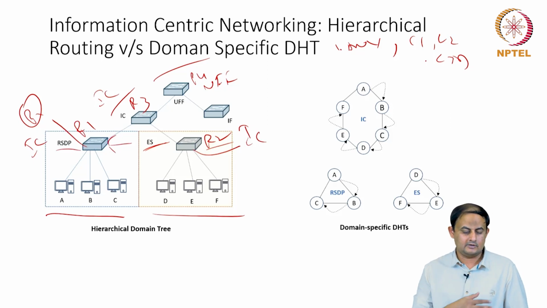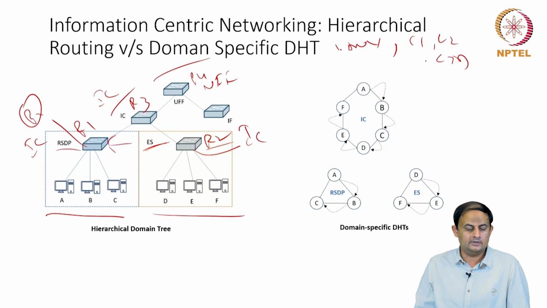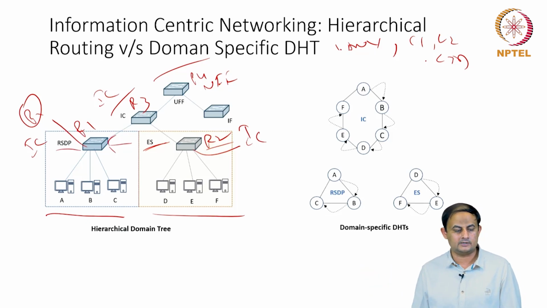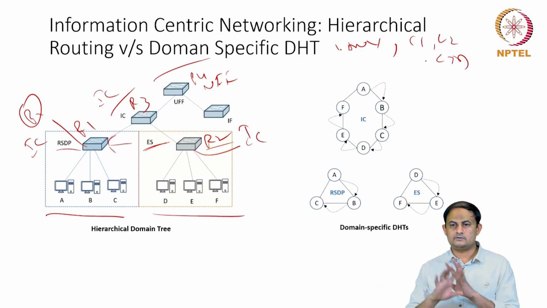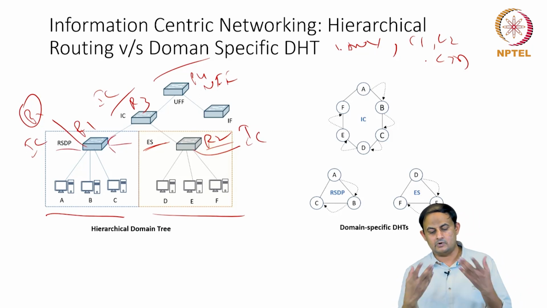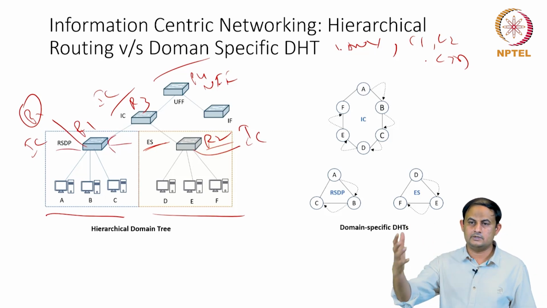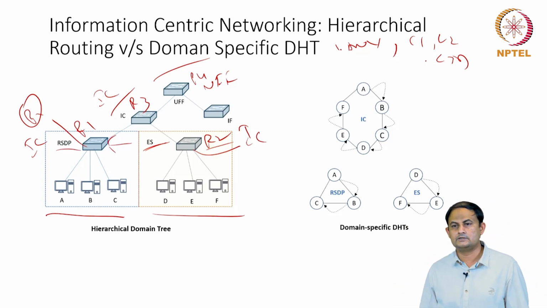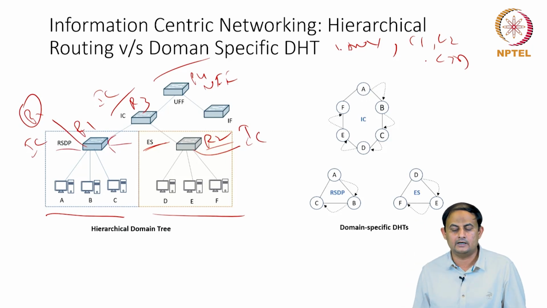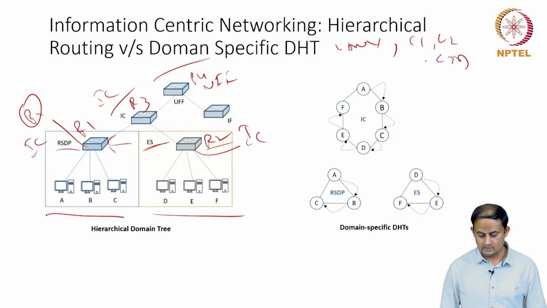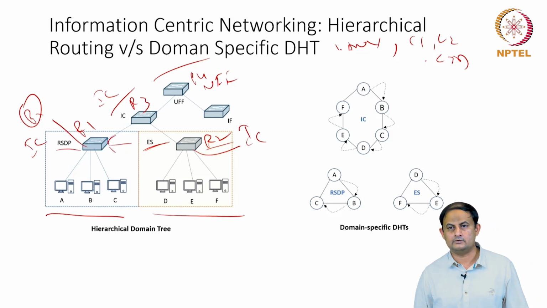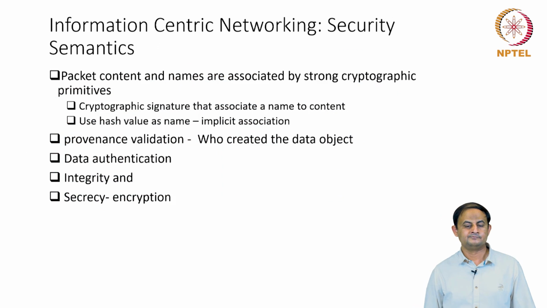So for this network example, the RSDP prefix can be consumed by nodes ABC, ES is consumed by DEF, and ABC and DEF are all interested in IC. I circulate these respective hash tables among those particular sets of nodes, and then referring to those hash tables, they can make the routing decisions, and how to get the content can be decided dynamically. So this is another way of looking at the routing operation.